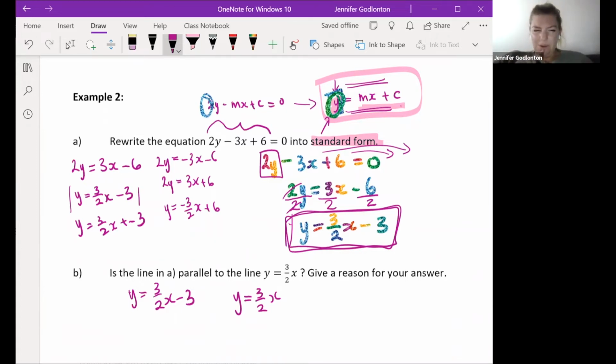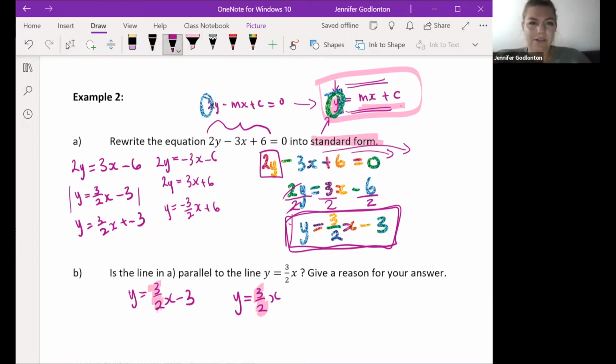What do we think, guys? Do we think these are parallel? Fatu, do we think that they're parallel? Yes, ma'am, they are parallel. Why? Because the gradient is the same. Yes, 3 over 2. So these lines are definitely parallel.